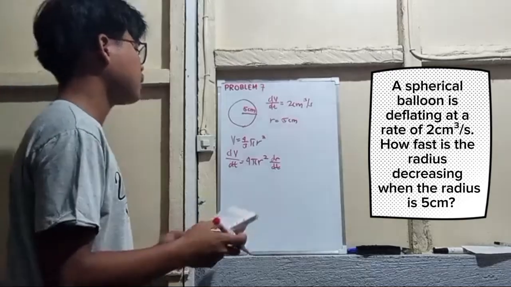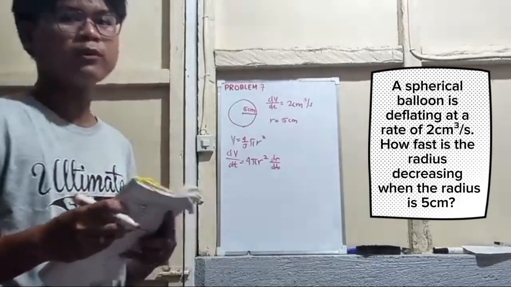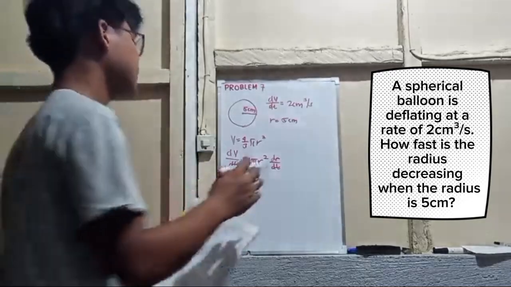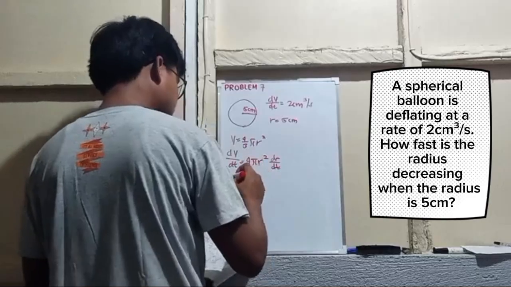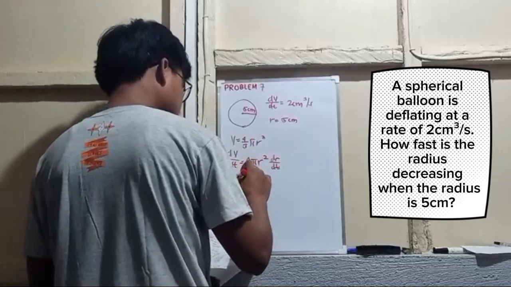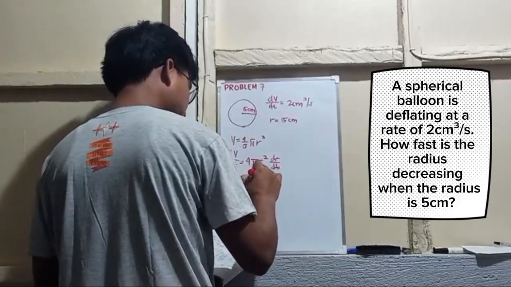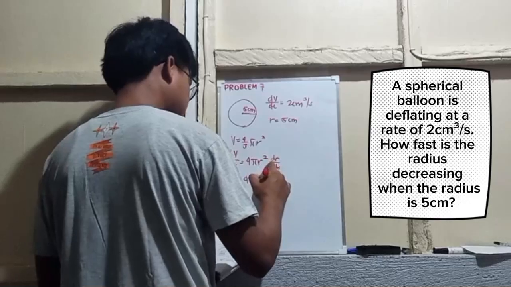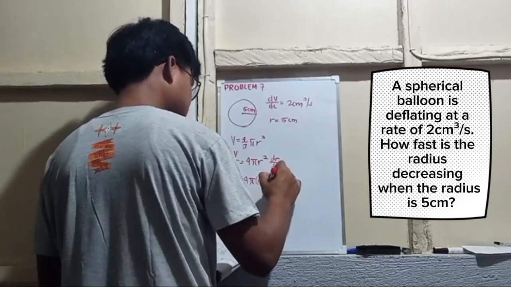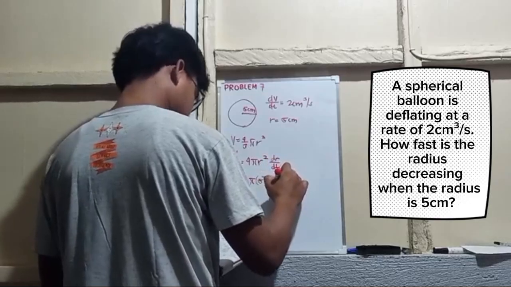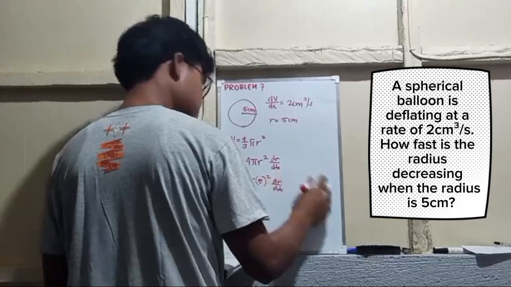So here we will substitute the given in this formula. So dV over dt is equal to 2, 4 pi, and our r is equal to 5 squared dr over dt.